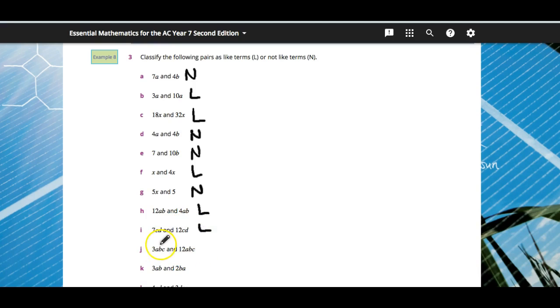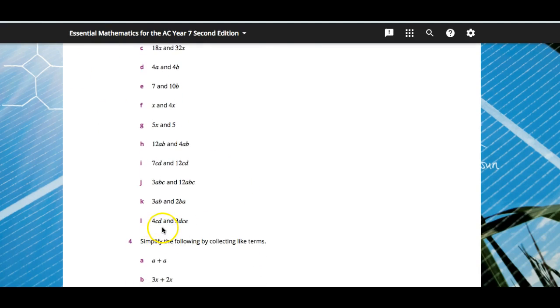ABC, apple, banana and carrot juice. You can see I'm just focusing on the pronumeral part, not the number. When you're deciding whether they're like terms or not, the number is kind of irrelevant. Then we have apple and banana juice and apple and banana juice, so that's a like term. And then we do have, I think, just one more that you can't see, so let's clear that.